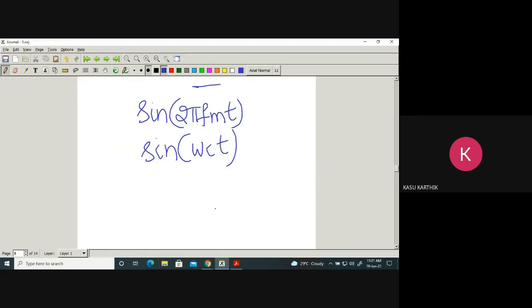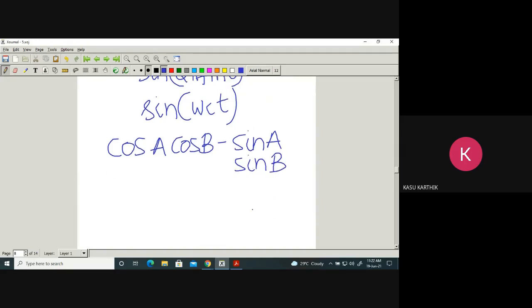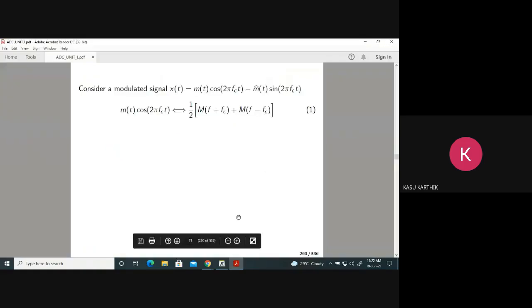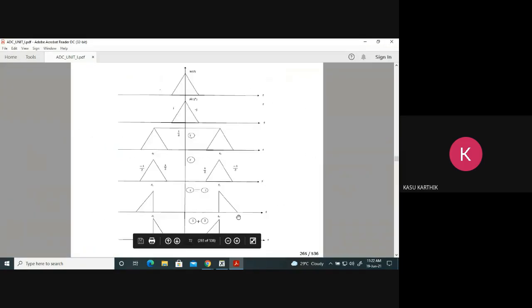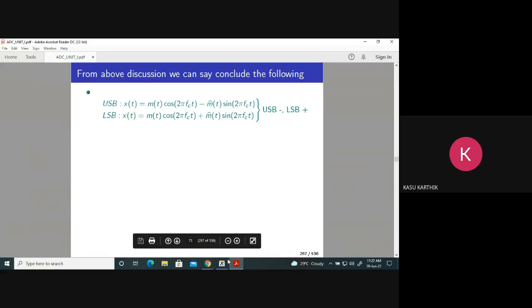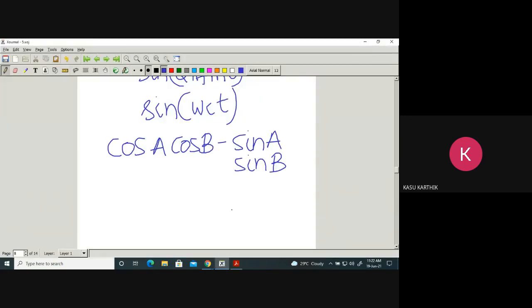Something like cos a cos b minus sin a sin b. What is this? Cos a cos b minus sin a sin b is cos (a plus b).